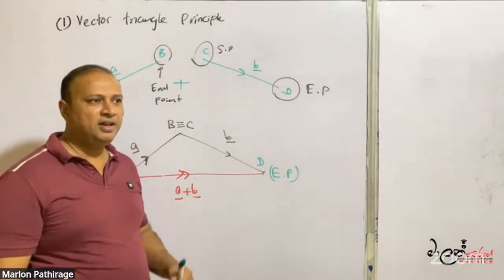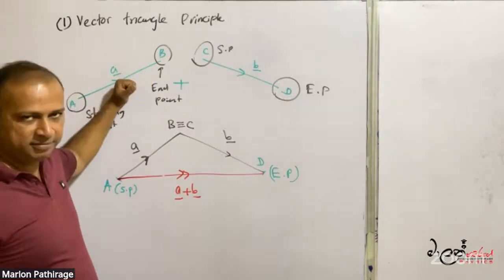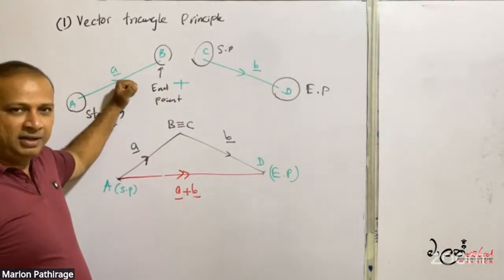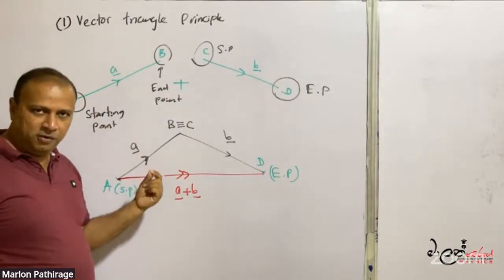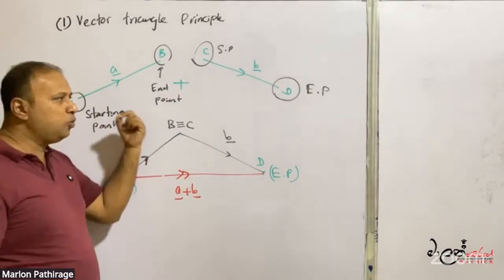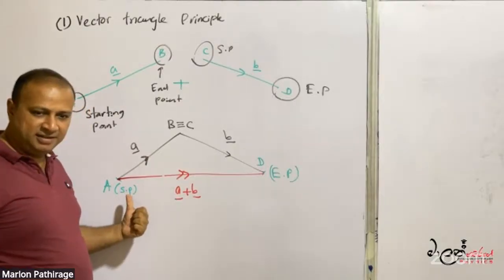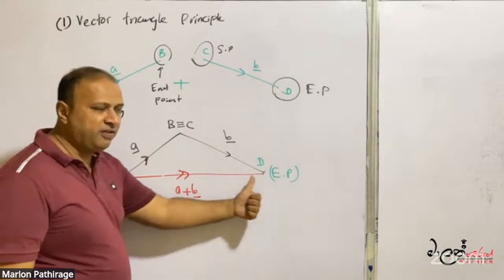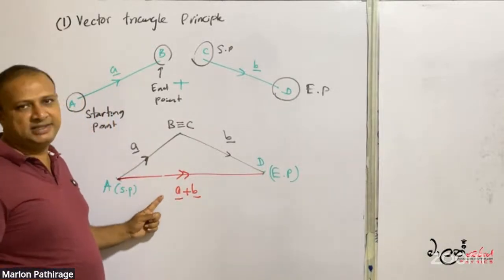Therefore, this should be a geometrical representation. That is number one. So, if you add two vectors, then that addition vector is represented using this sign.